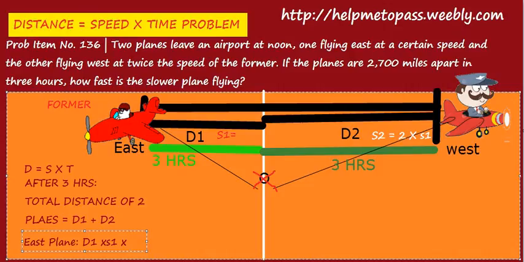It's 3 hours. So d1 equals s1 times 3, that's equal to 3 s1. Can you follow?